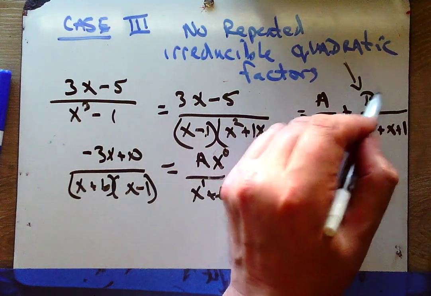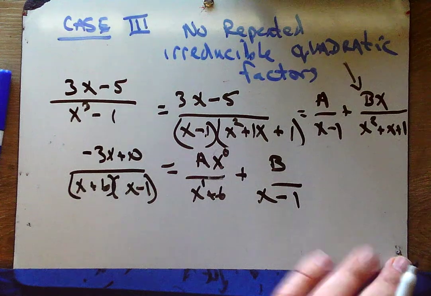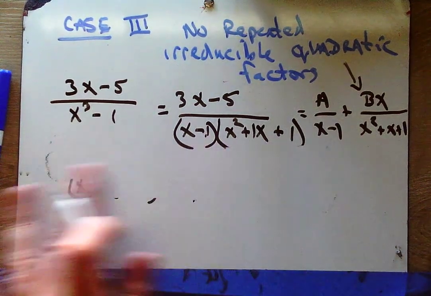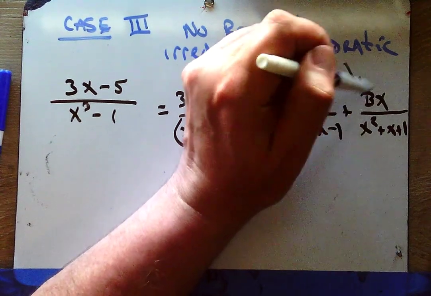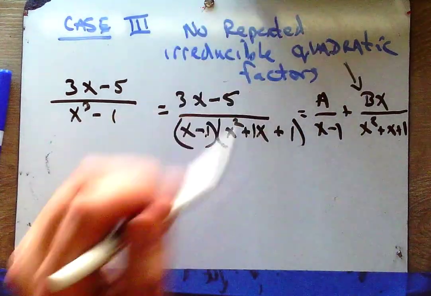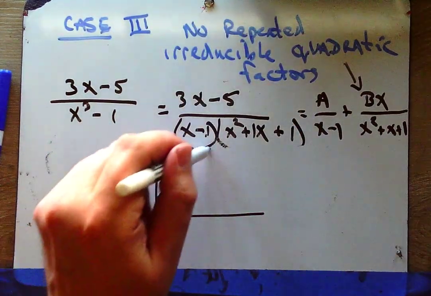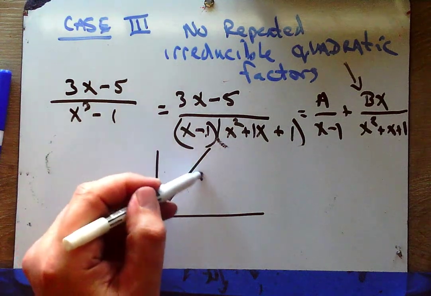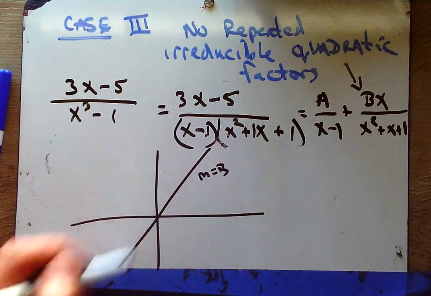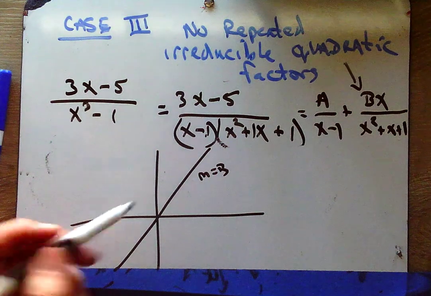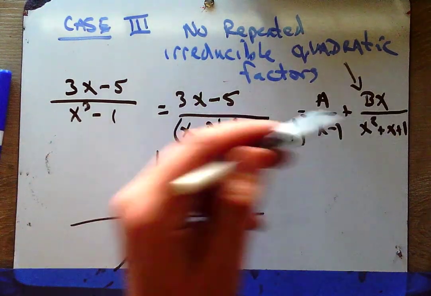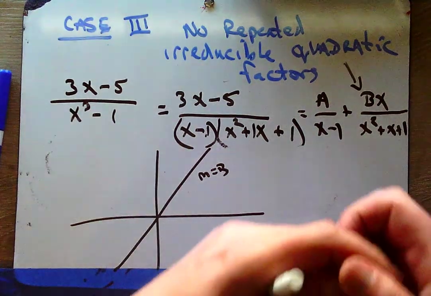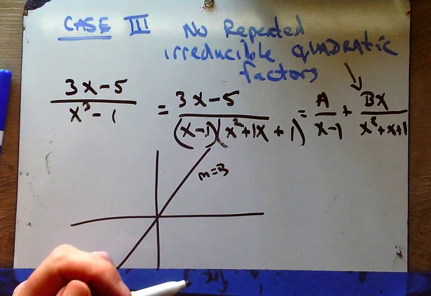So, do I write bx? Well, close, but no, that's not right either. This bx, that if we graphed it, would be a linear equation with a slope of b that passes through the origin. And remember me saying we don't know what this is going to break down to, so we have to consider all the possibilities.